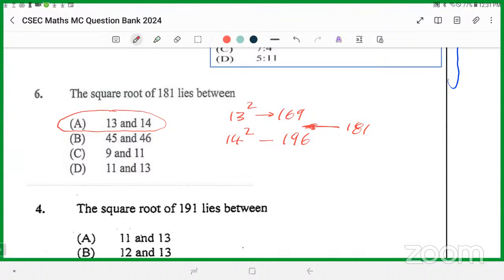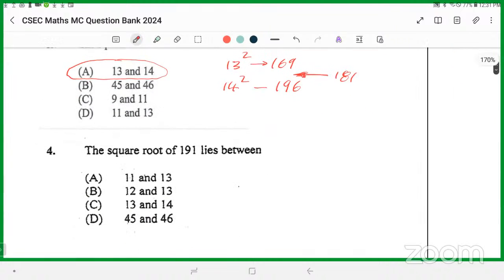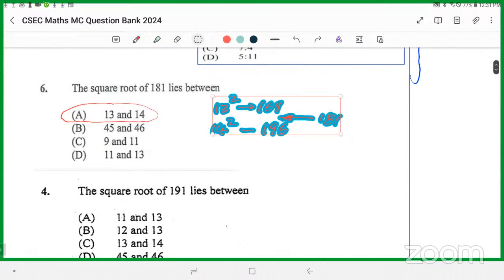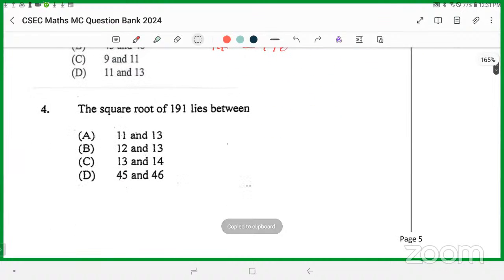Make sense? That's the same question here, but I put 191. So it's the same approach. I can literally just copy this down.